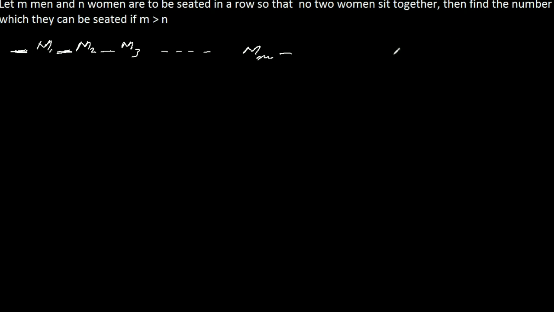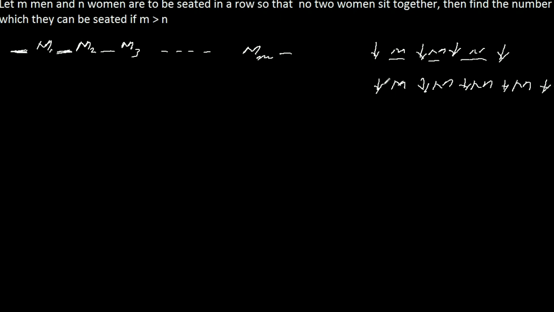For example, if there are 3 men seated in that way, there are 4 available seats for women, and if there are 4 men, there are 5 available seats for the women, so that no two women sit together.